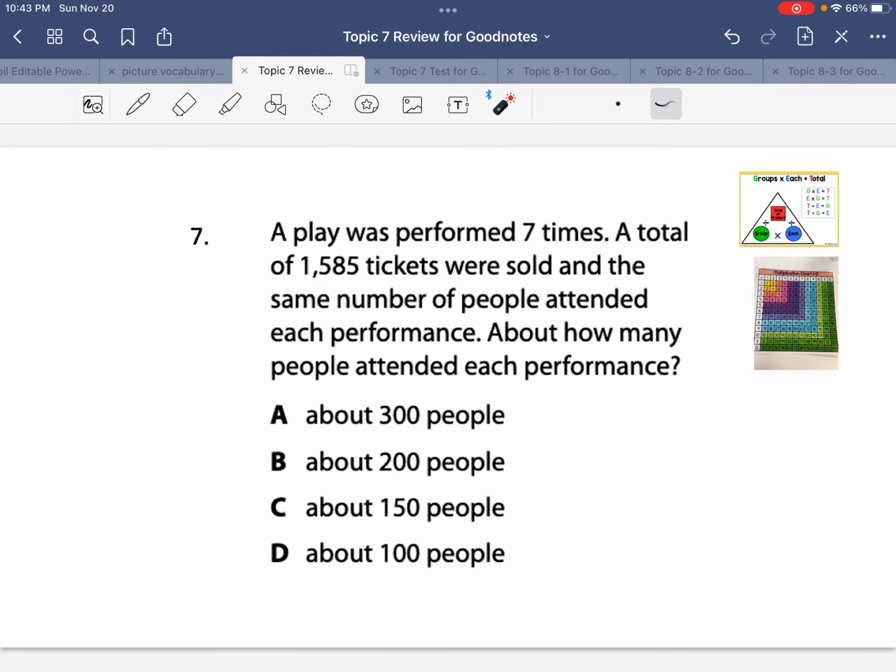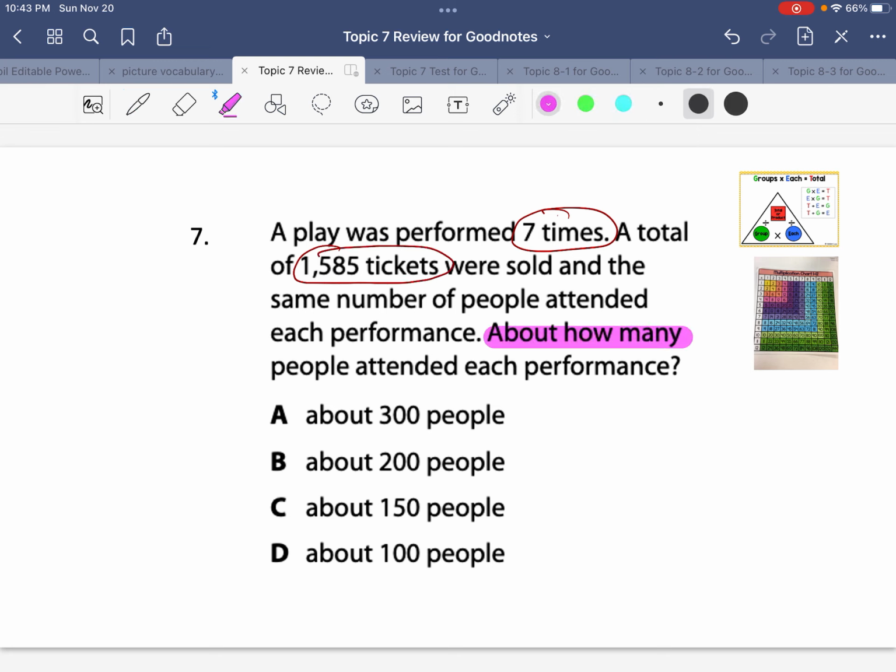Number 7. A play was performed 7 times. A total of 1,585 tickets were sold, and the same number of people attended each performance. About how many people attended each performance? Okay, I'm going to do my cubes. So it was performed 7 times, 1,585 tickets.